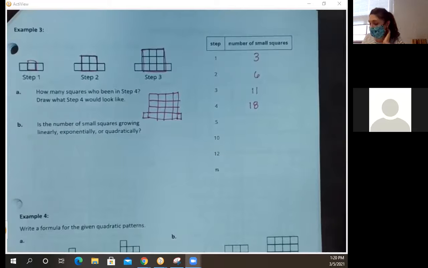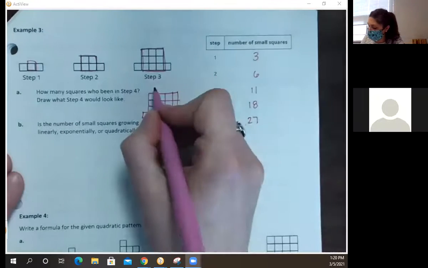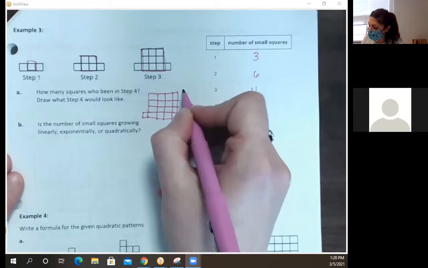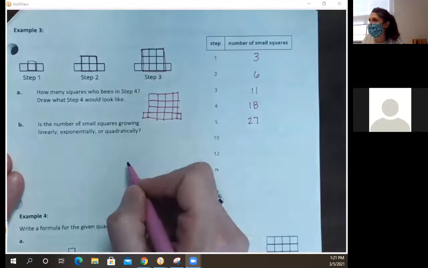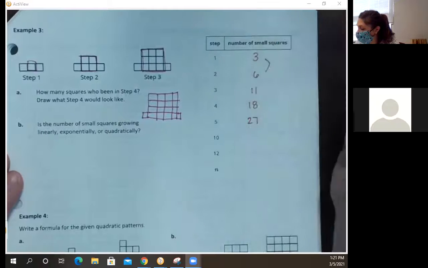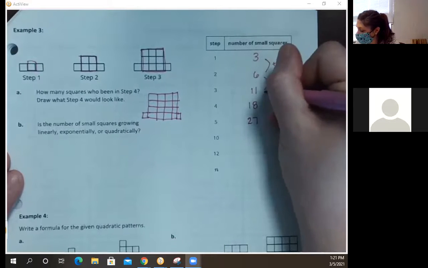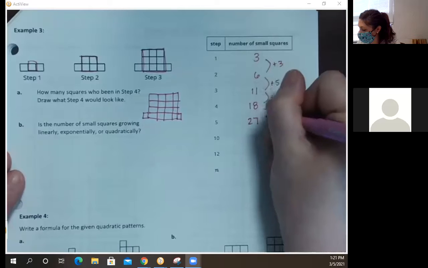What'd you get? 27. I would be another row high and another row wide. If I look at my y values, I can see I'm adding 3, then I'm adding 5, then I'm adding 7. So we would need to add 9.